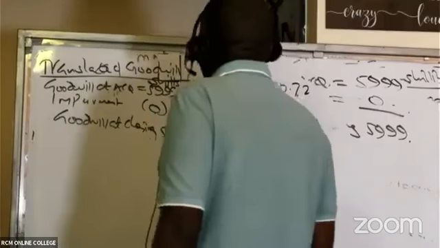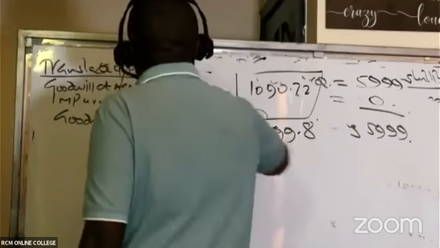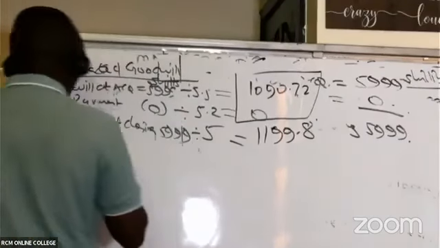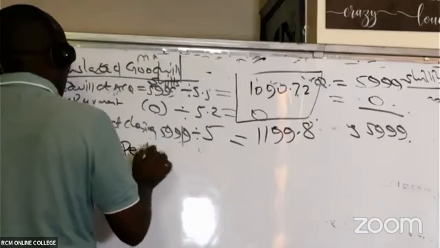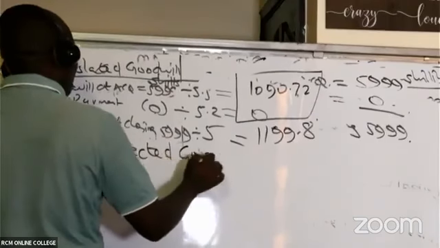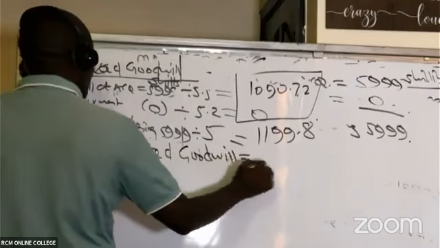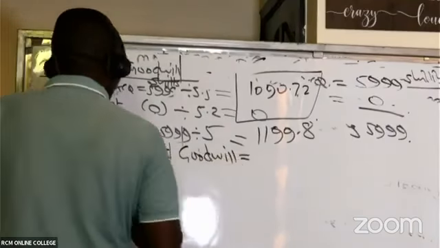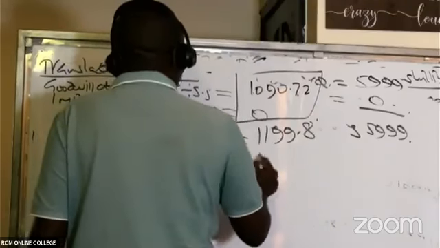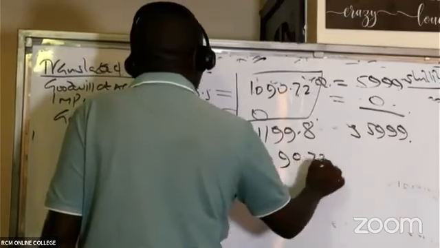So the two here will give me the expected goodwill. Expected goodwill: I will take this plus this, 1090.72 plus 0 for revision. That's 1090.72.